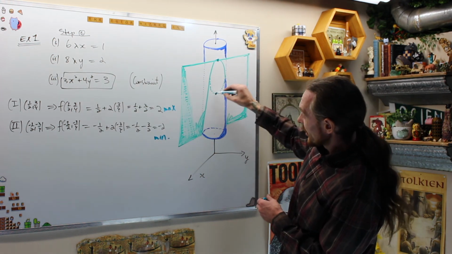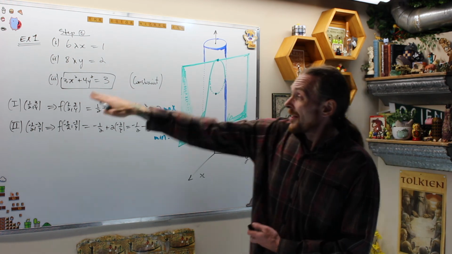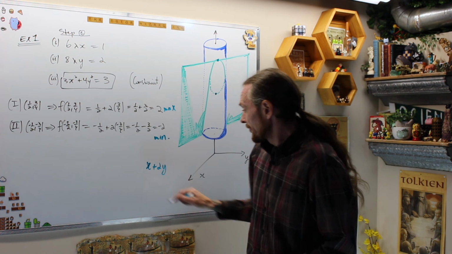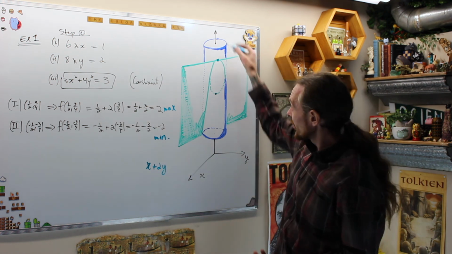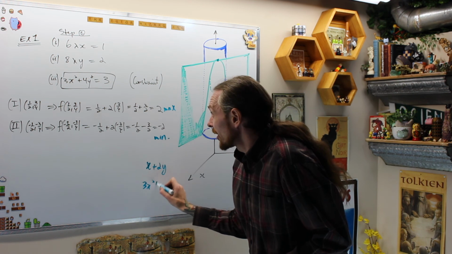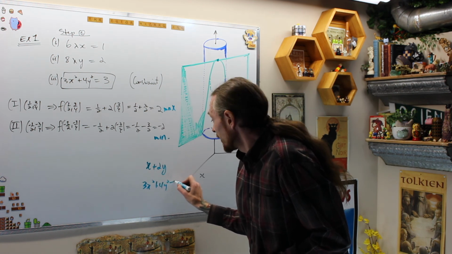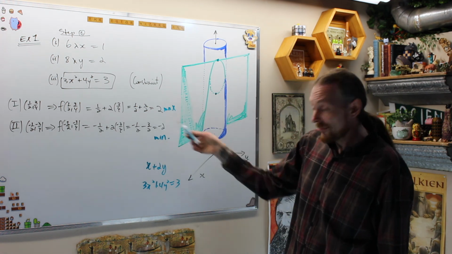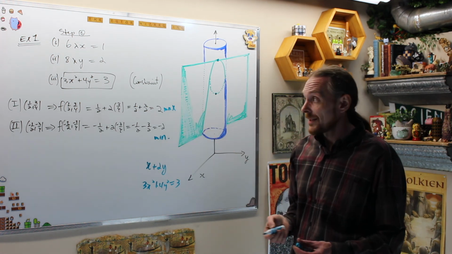So for my function x plus 2y on the ellipse 3x squared plus 4y squared equals 3, it has a maximum value of 2 and a minimum value of negative 2.